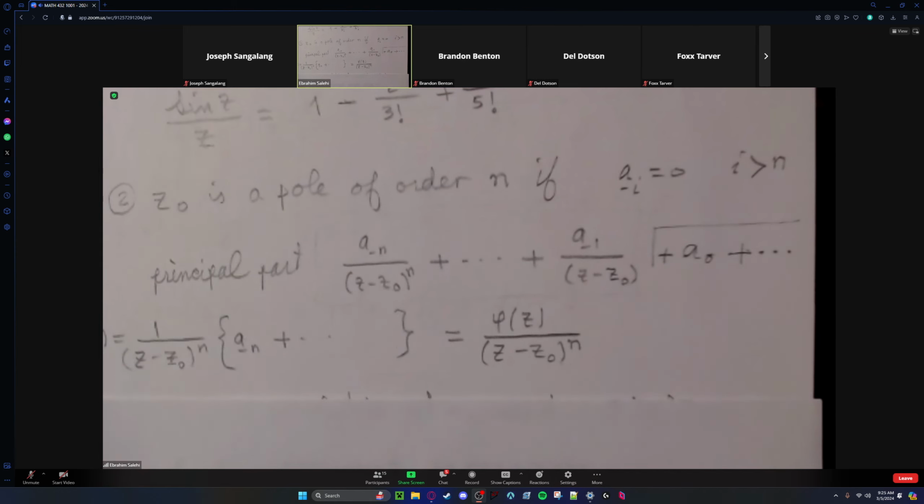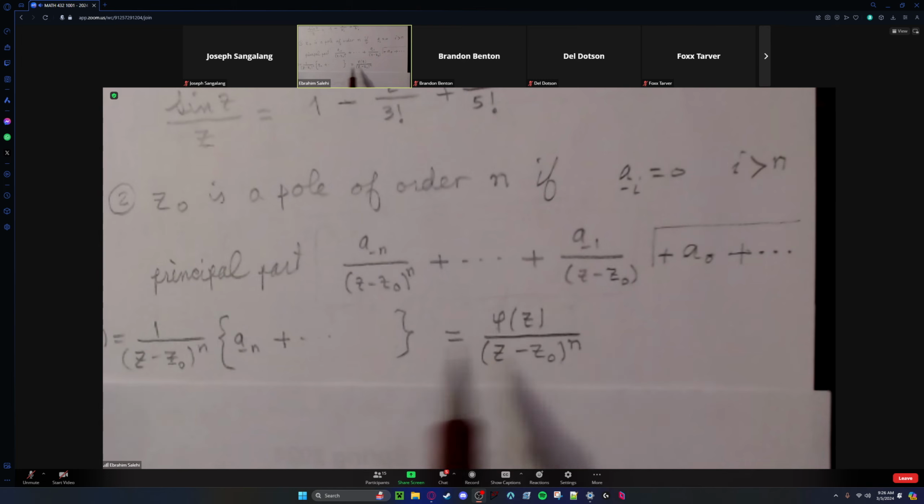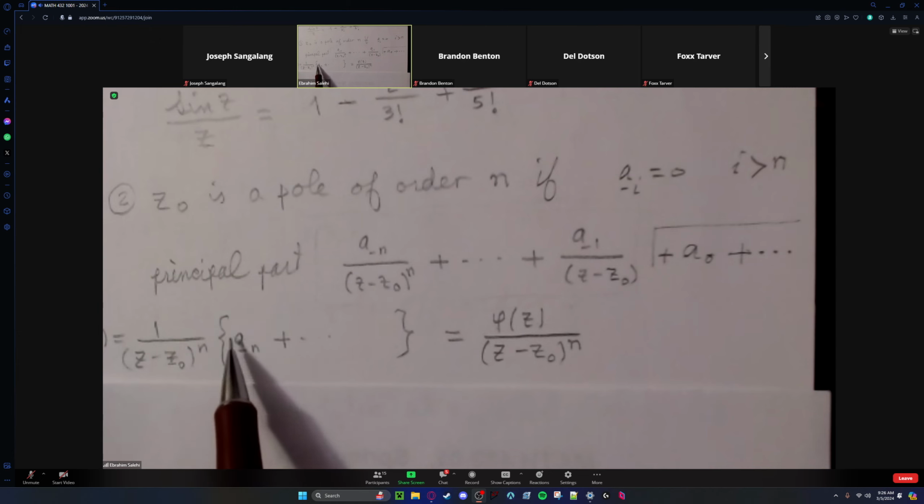So how do we recognize that this point is a pole of order n? Well, like this. After factorization, you get this one, but phi of z is analytic at z naught and is not 0 at z naught. It's not 0 because this is not going to be 0.